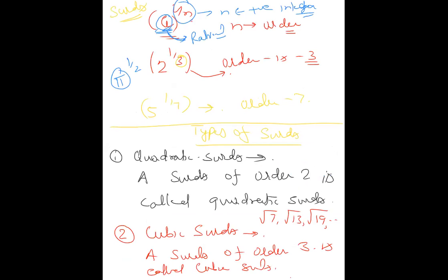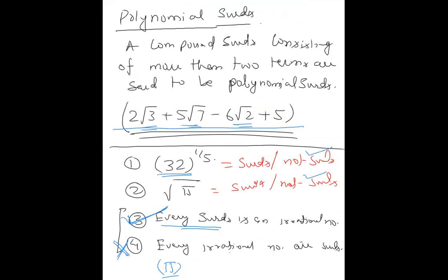So is pi a rational number or an irrational number? Irrational number. So irrational to the power 1 by 2 is not a definition of surds. So we are saying the second one is not a surd.